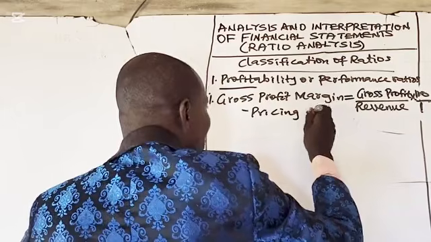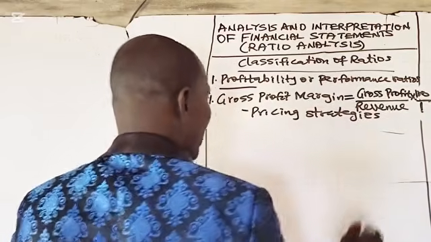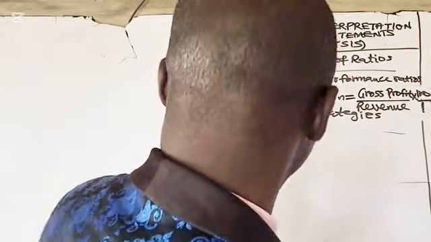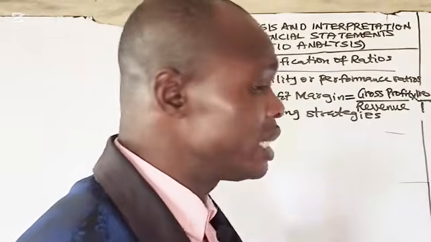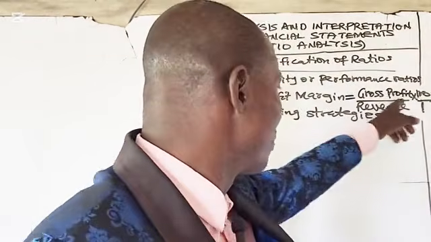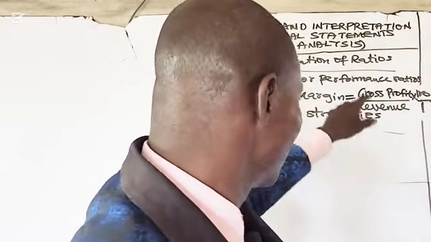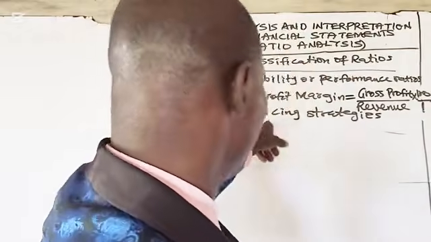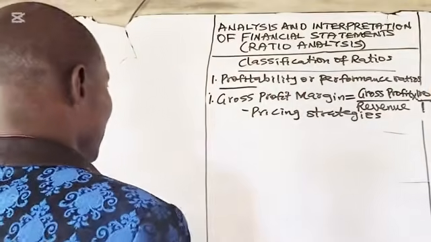Pricing strategies might positively impact the revenue. This could have a direct impact on the gross profit margin. If the pricing strategy is favorable, the gross profit margin might increase. But if it is not favorable to the entity, it might have an adverse effect on the gross profit margin.